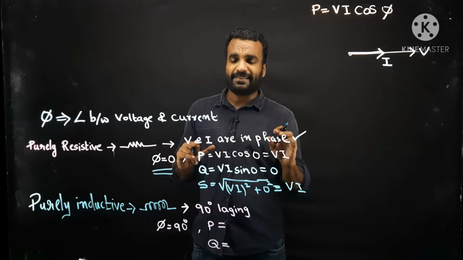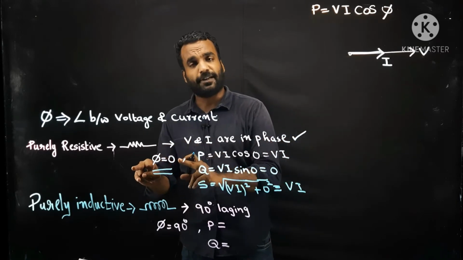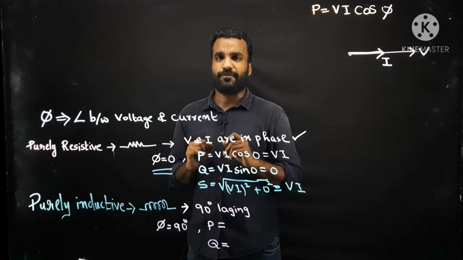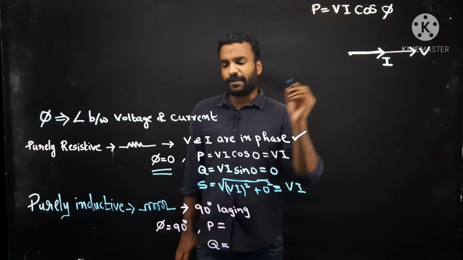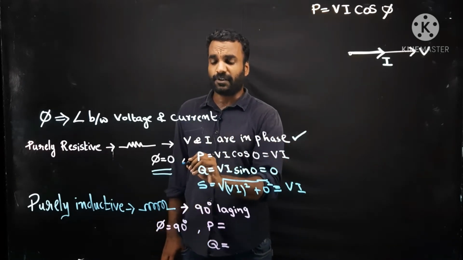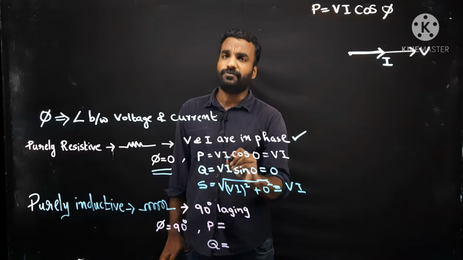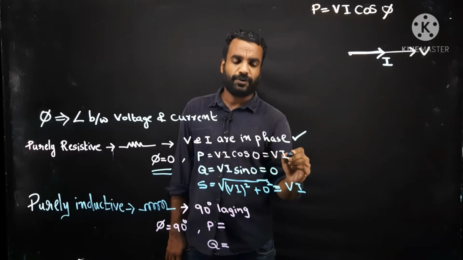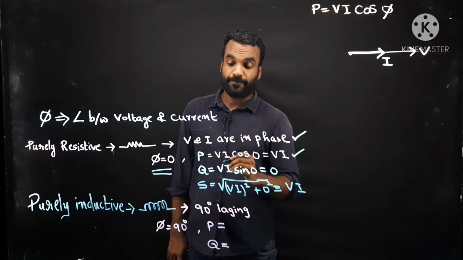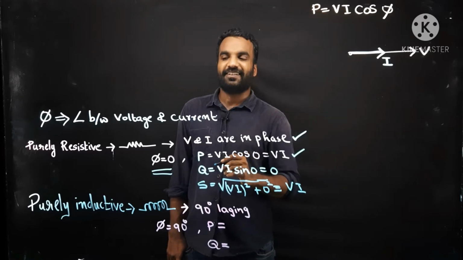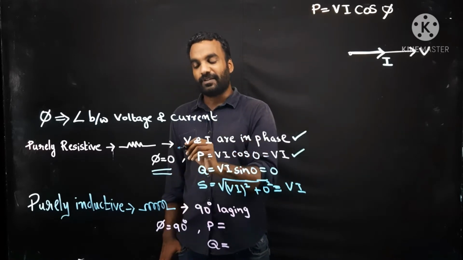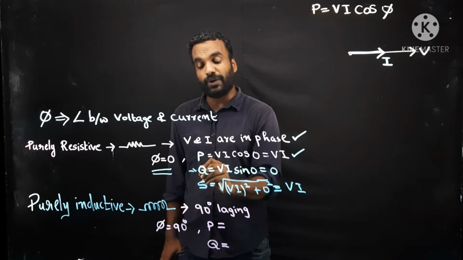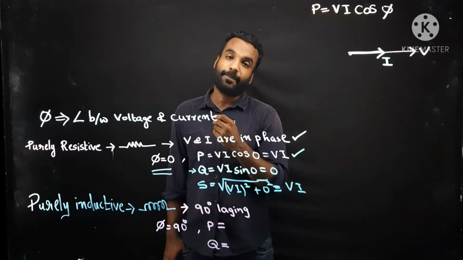In such a case, substitute phi equal to 0 in your P equation. It is VI cos 0. Cos 0 is 1, so it will be VI. But in the same circuit, substitute phi equal to 0 in the Q equation. What happened?